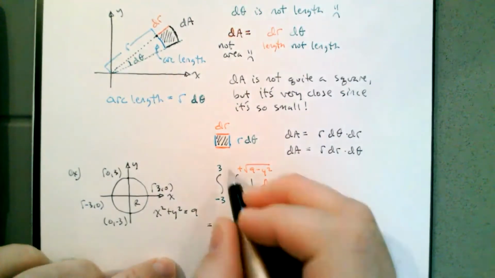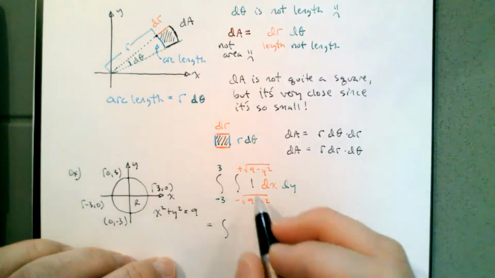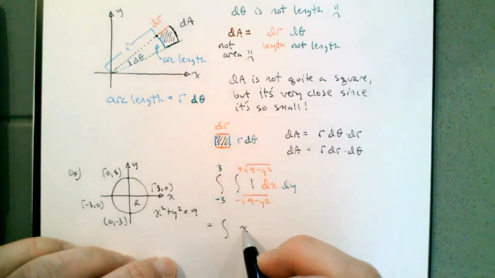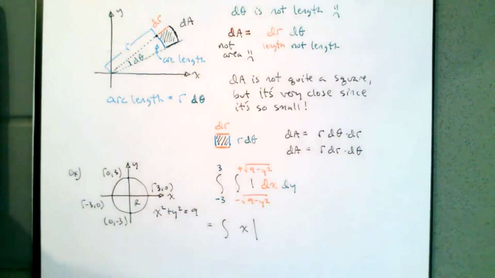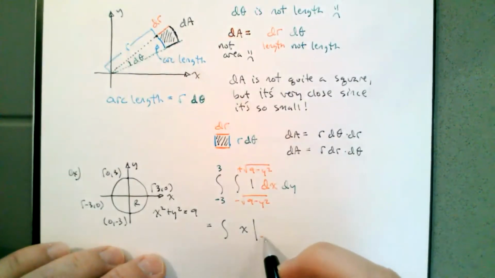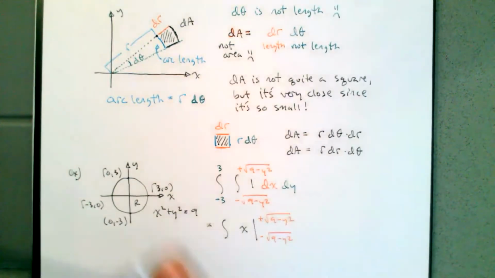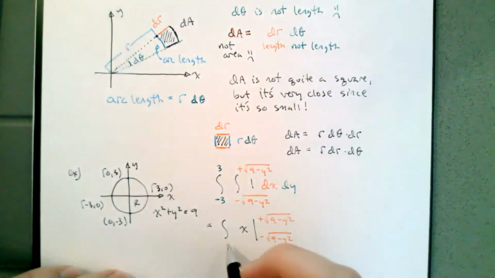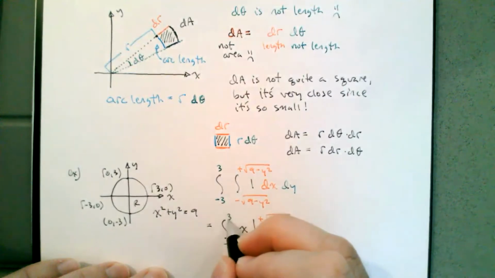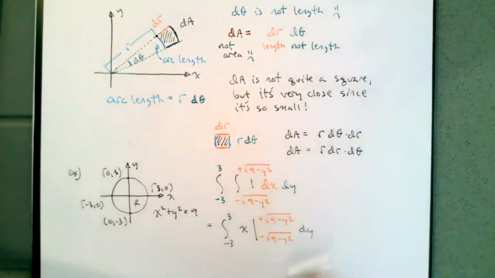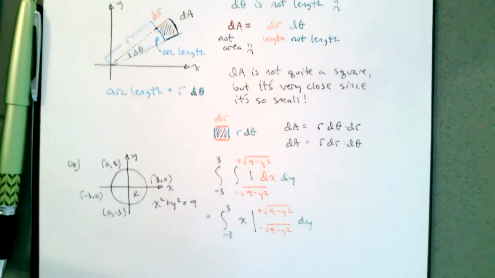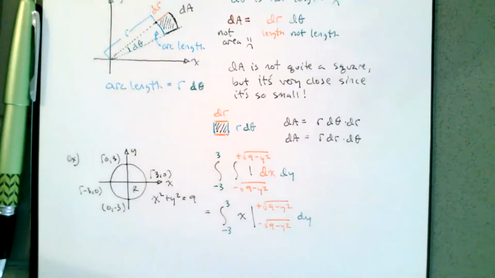So I still have the integral from -3 to 3. The integral of 1 dx is just x, and I still need to evaluate that from negative square root to positive square root. So I plug in the negative square root and the positive square root and subtract. That's going to give me 2 copies of the square root of 9 minus y squared.